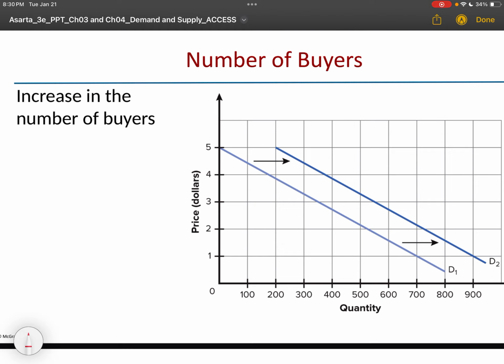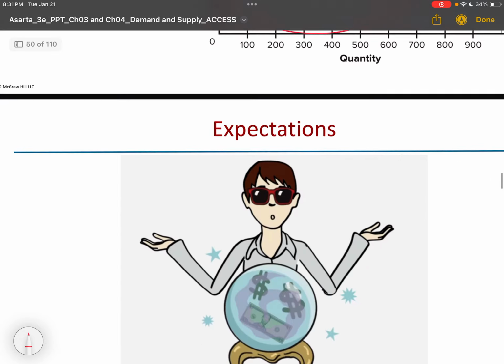We summed up Julia and Martin's market demand. Imagine we added 10 more people to that market. Yeah, it's going to blow up at every price. And so we'll have a shift in the demand curve, much like this one right here to the right.